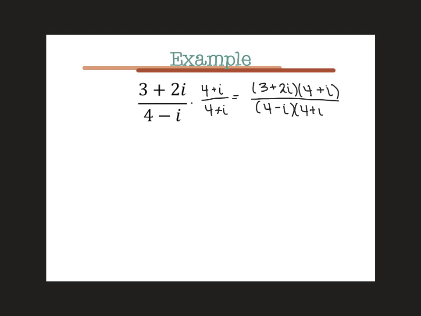From here, I can begin to distribute. When I distribute in the numerator, I get 12 plus 3i plus 8i plus 2i squared.